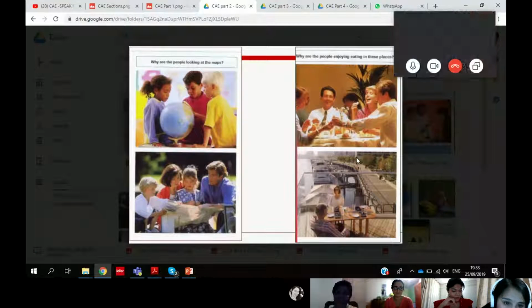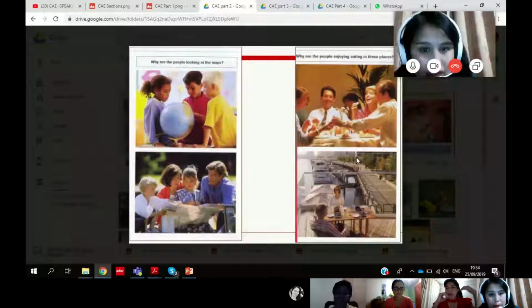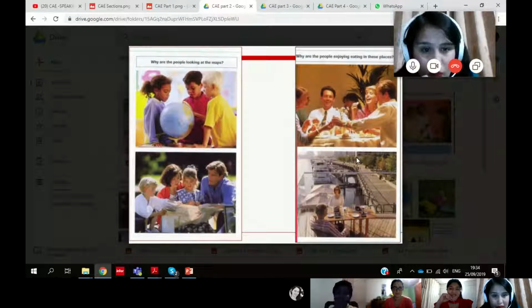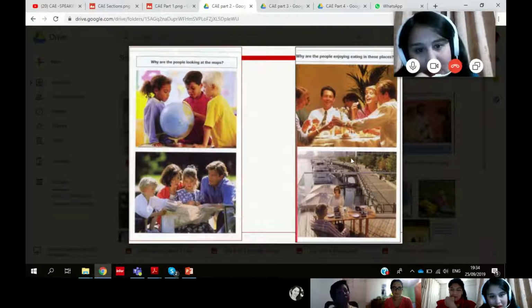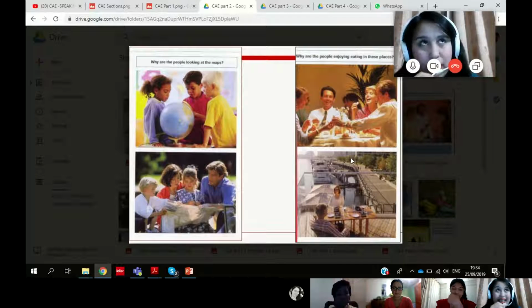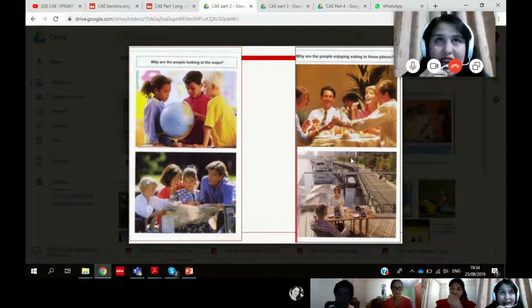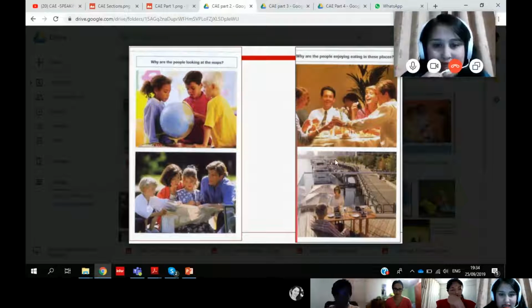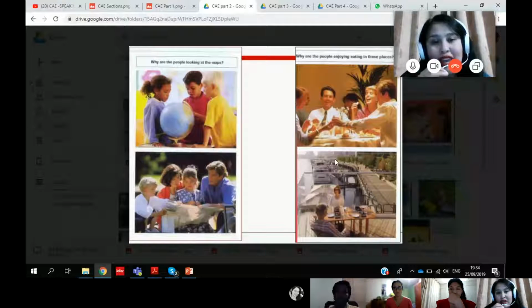Why are the people looking at the maps? From my point of view, when someone is looking at the map, maybe it is because they are going to travel to another country, for example, Argentina, Panama, etc. Maybe they are thinking about a future plan, to travel with their family, with others, or maybe for curiosity.